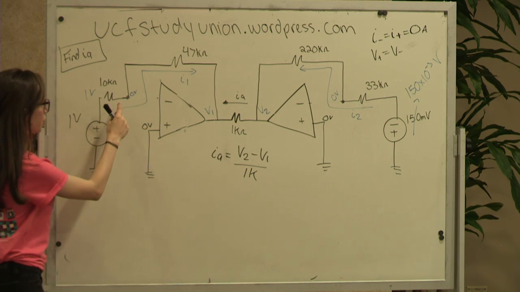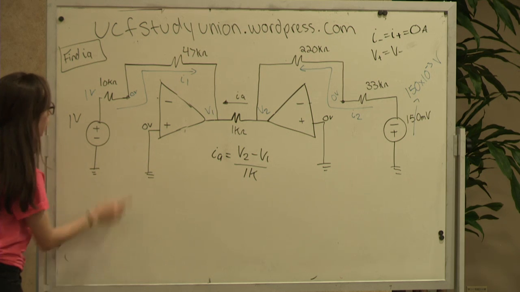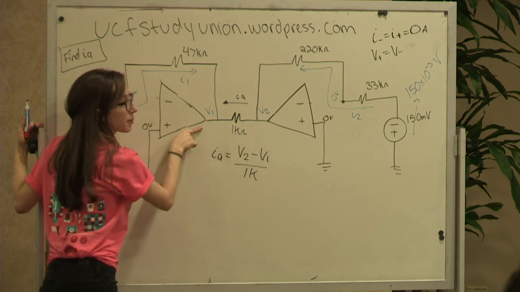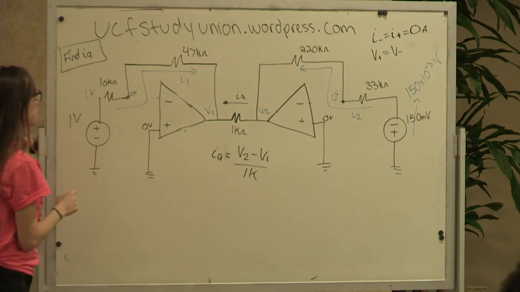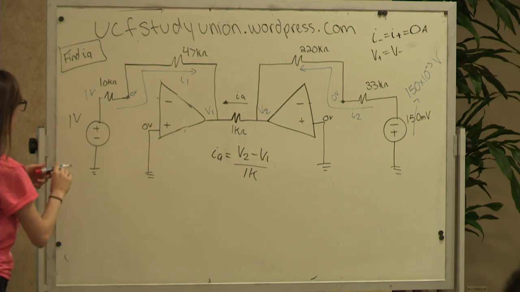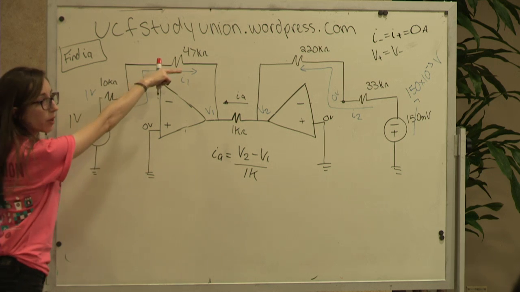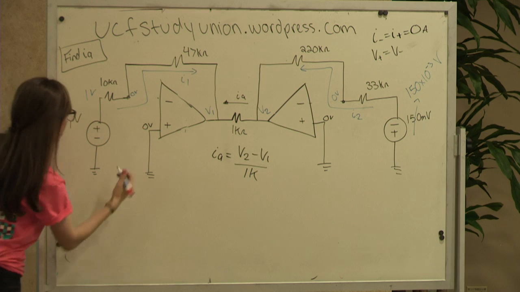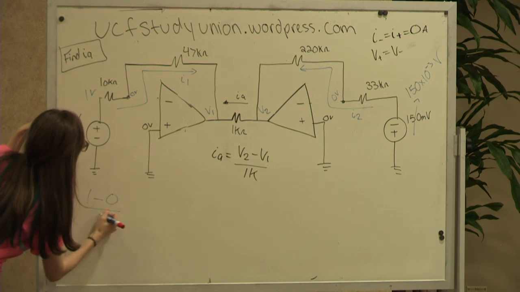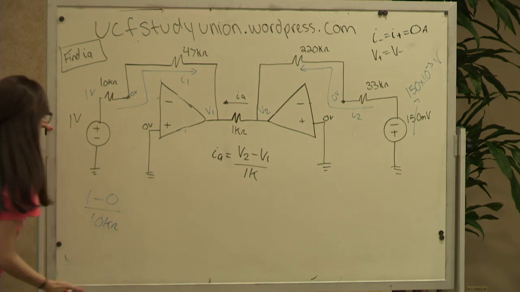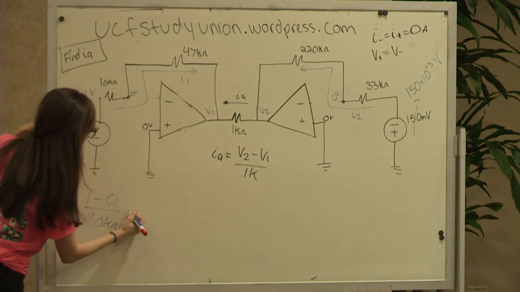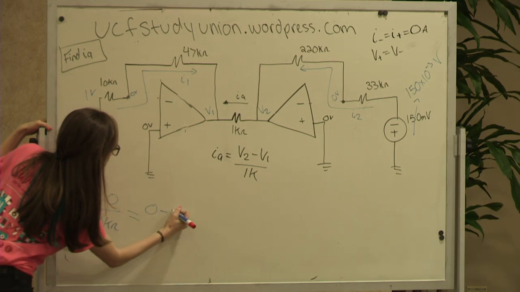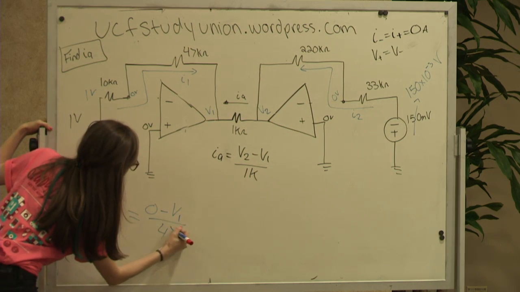So let's do a KCL. We know this is 0, but we can't do a KCL right here because there is a current here, and it's going to be impossible to figure out. So we can do a KCL here. I1 equals I1 because it's the same current. So this current is 1 minus 0 over 10 kilo ohm, and it's equal to this same current, 0 minus V1 over 47.